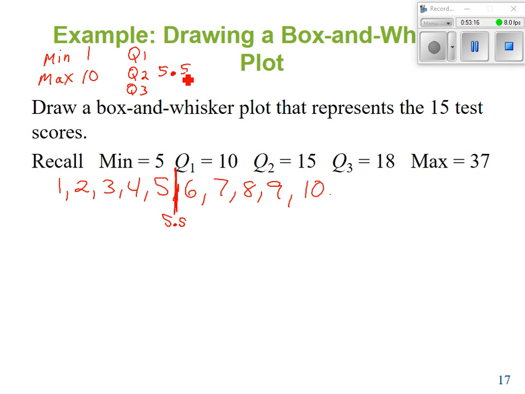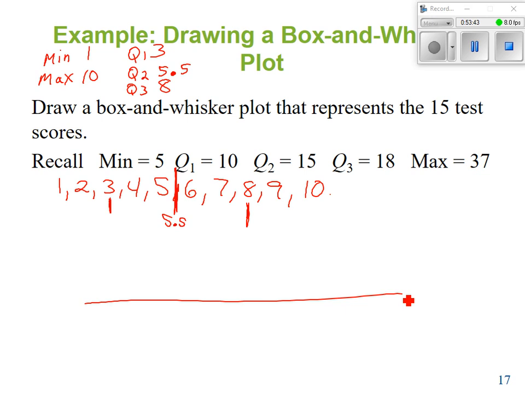Quartile 1, you got 5 numbers down here, 2 on this side, 2 on this side, so what's quartile 1? 3. And quartile 3, 5 numbers over here, you got 2 here, 2 here, what's quartile 3? 8.